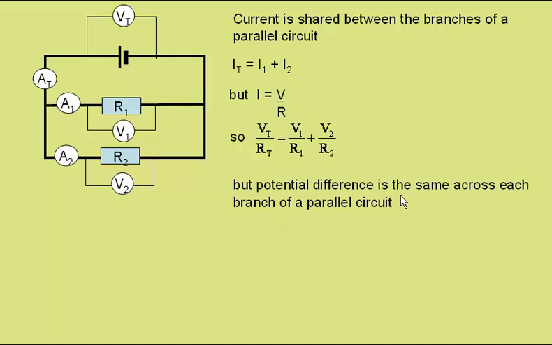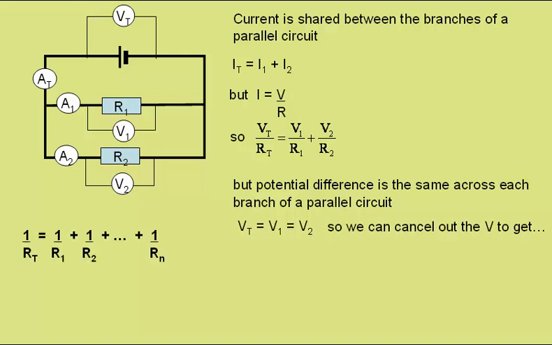But the potential difference is the same across each branch of a parallel circuit, which we can write as the total potential difference is equal to the potential difference across 1 and equal to the potential difference across 2. This means we can cancel out the V's to get that 1 over the total resistance is equal to 1 divided by resistor 1 plus 1 divided by resistor 2 plus any other resistors up to 1 divided by the nth resistor.